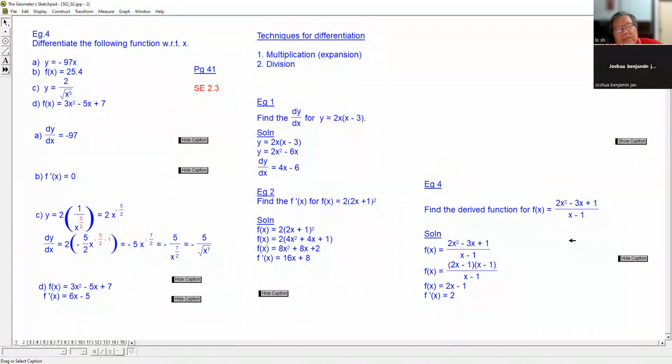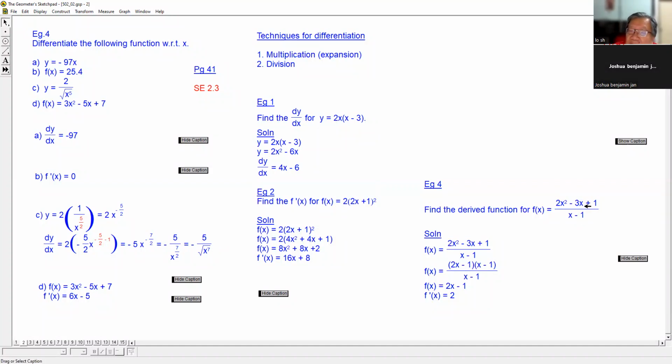But whenever you see this type, with a fraction line, or a bracket, you cannot differentiate one by one. Only when you simplify until it looks like a polynomial can you differentiate one by one. For a bracket, to simplify, you expand.